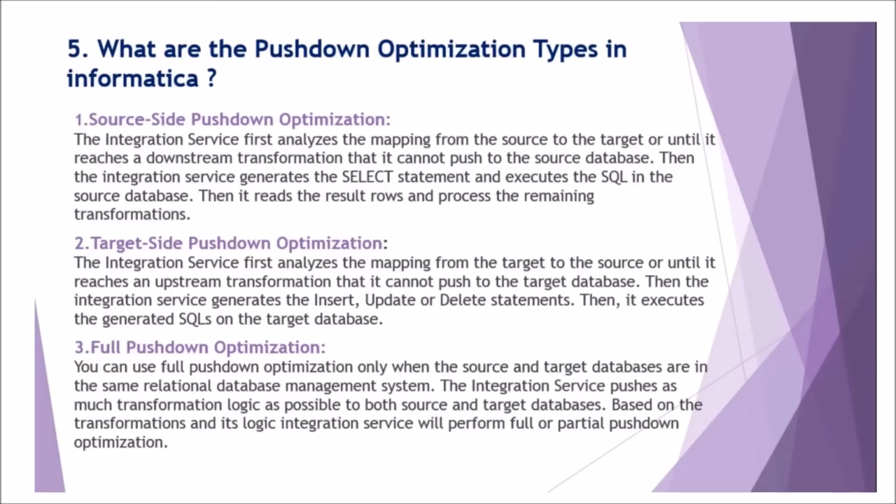You can use full pushdown optimization only when the source and target databases are in the same relational database management system, and the integration service pushes as much transformation logic as possible to both source and target databases. Based on the transformations and their logic, the integration service will perform full or partial pushdown optimization.